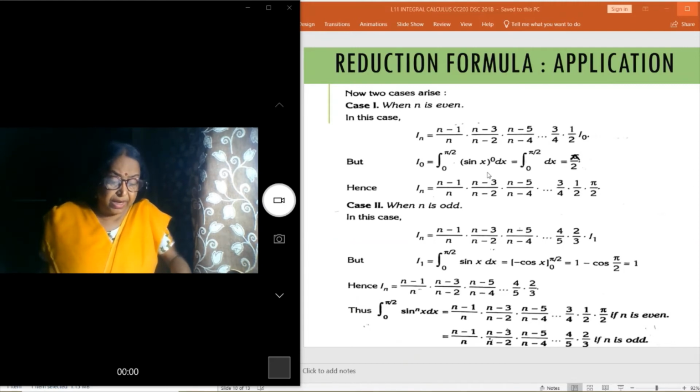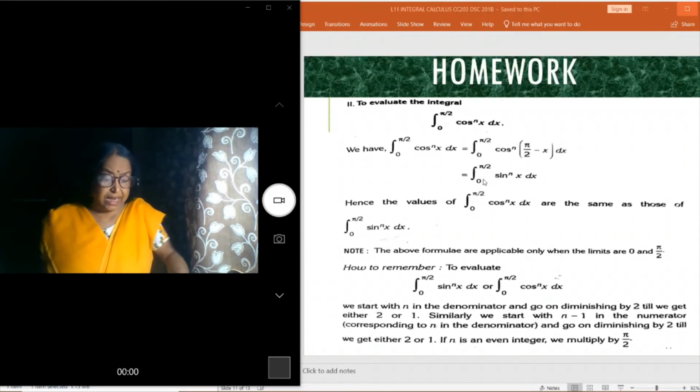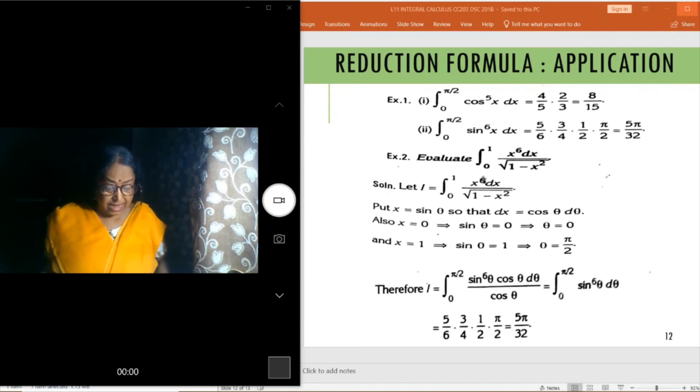In a similar way, we can find the integration of cos to the power n x dx over 0 to pi by 2. This is your homework. Do it in the same way as we did it for sine to the power n x dx. Now, it is given cos to the power 5x dx, 0 to pi by 2.